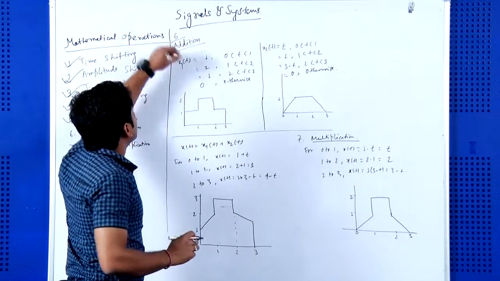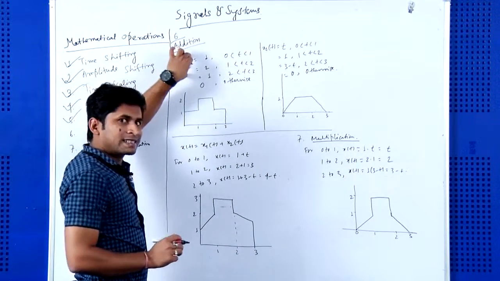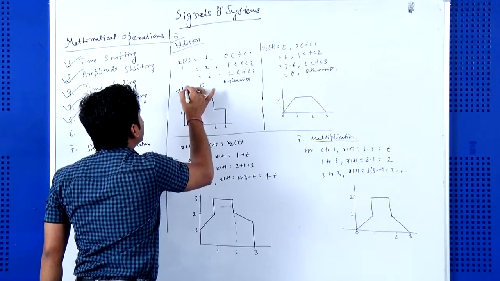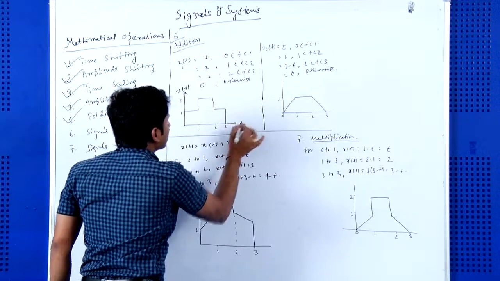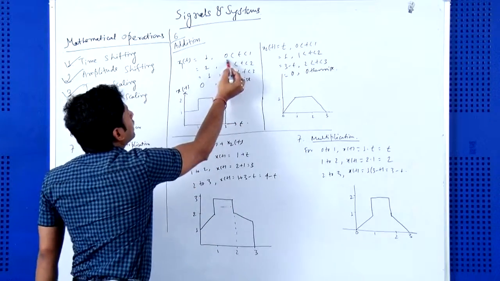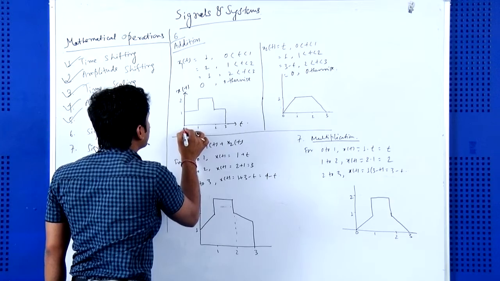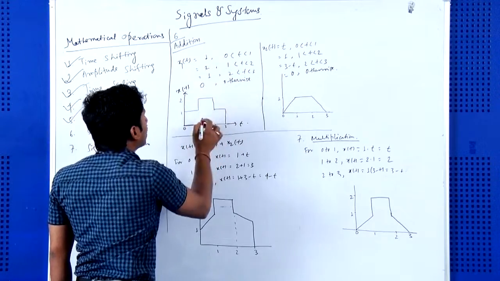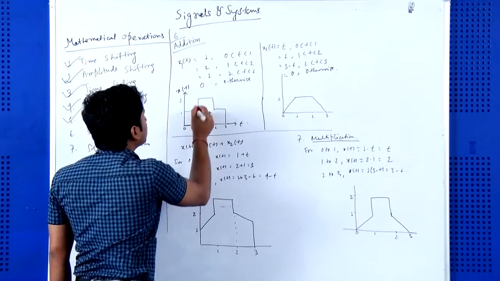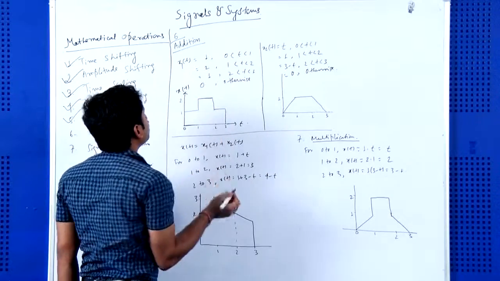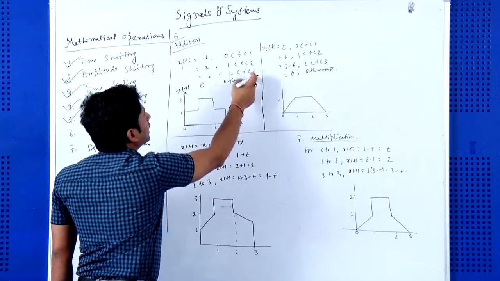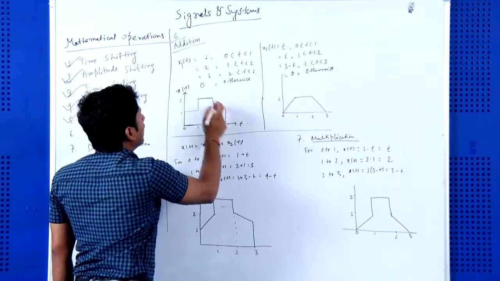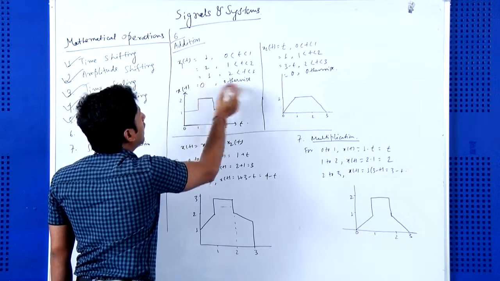So first x1(t) is given, let us draw this signal. This axis is the time axis. In between 0 to 1 the amplitude is equal to 1, in between 1 to 2 the amplitude is equal to 2, and in between 2 to 3 the amplitude is again 1, and 0 otherwise.